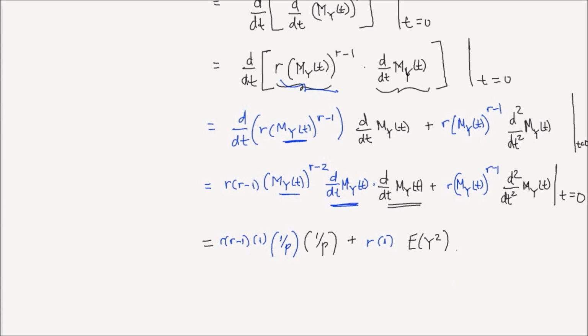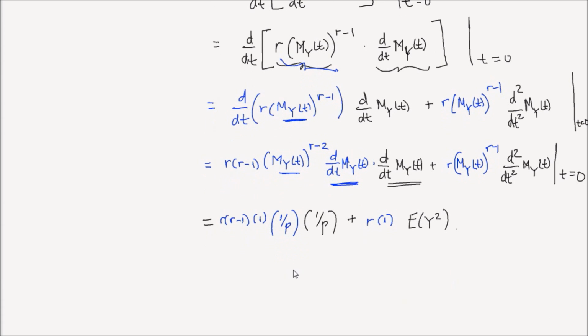So this gives me r times r minus 1 times 1 over p squared plus r times the expected value of y squared. But what is the expected value of y squared? The expected value of y squared is the variance of y plus the expected value of y, squared.